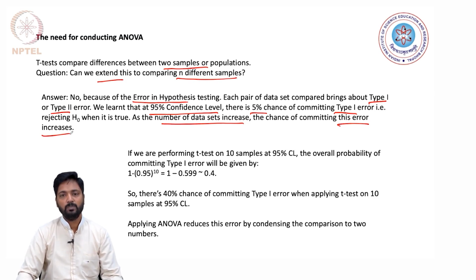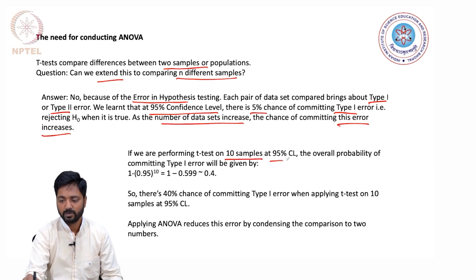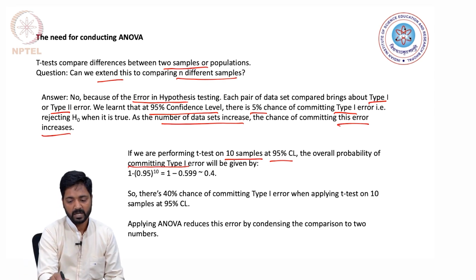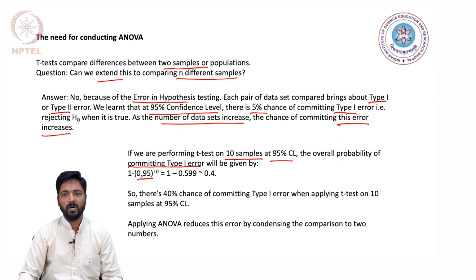For example, I have calculated what this error is if we are dealing with 10 samples at 95% confidence level, and we are applying t-test and comparing different pairs of samples. The overall probability in this case of committing type 1 error will be 1 minus 0.95, which is our confidence level, to the power of 10, which is the number of samples being compared.